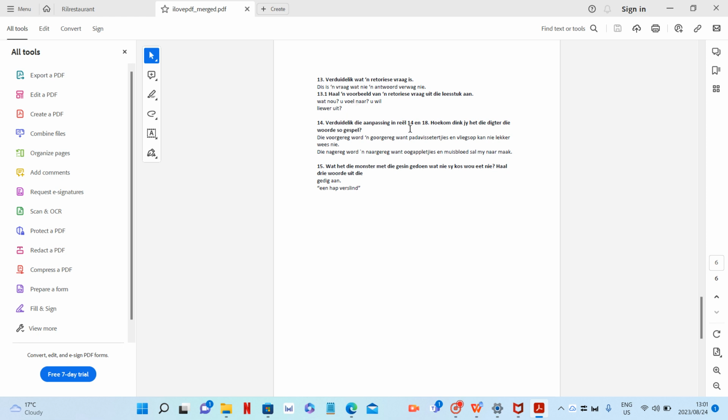Explain the adaptation in lines 14 and 15. Why do you think the poet spelled the words like that? So explain the suitability in lines 14 and 18, and why do you think the poet wrote the words like that? The voorgereg becomes voorgereg because the paddevissetjies and vliegsop can't be nice. So they wrote it that way.